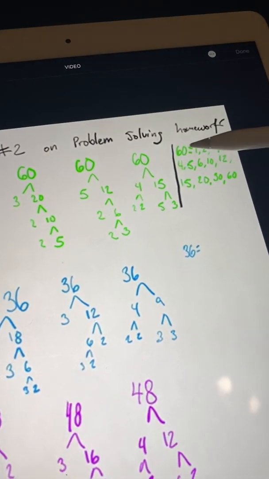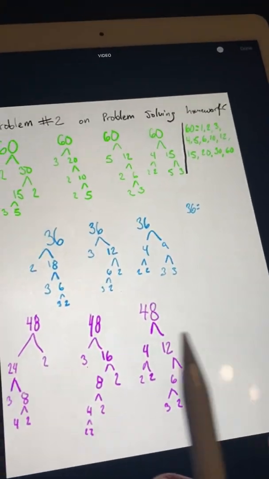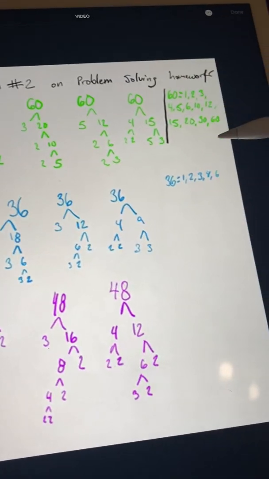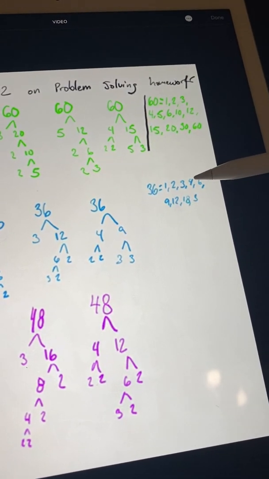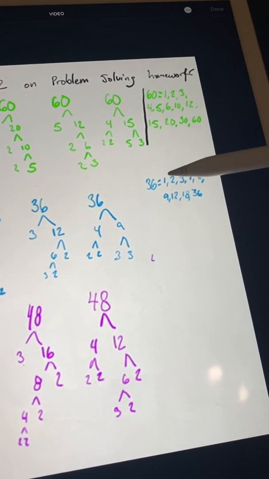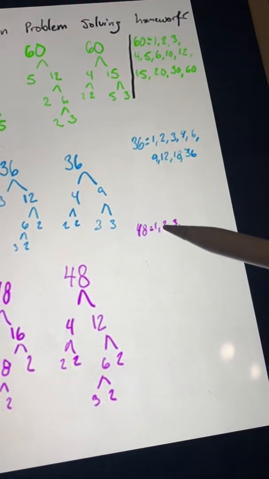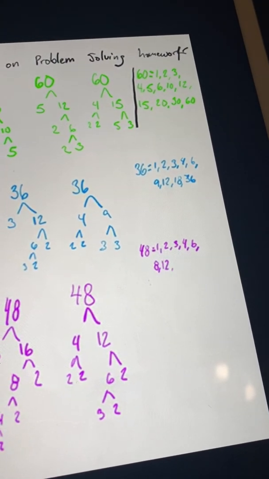As you can see, all of these numbers are all here. And then same thing for 36. You do the same thing. You try to get all the numbers you got here. You try to put them here on the side. So these are all the possible number divisions for the number 36. And here are all the possible number divisions for the number 48.